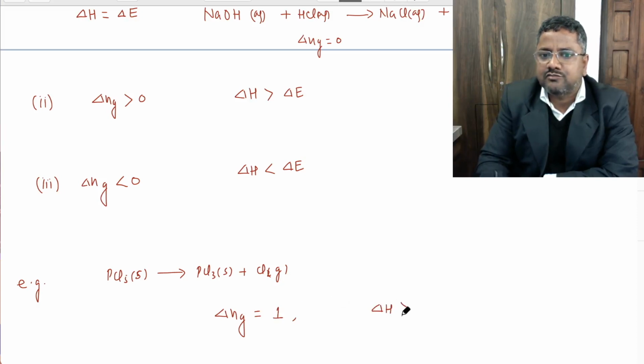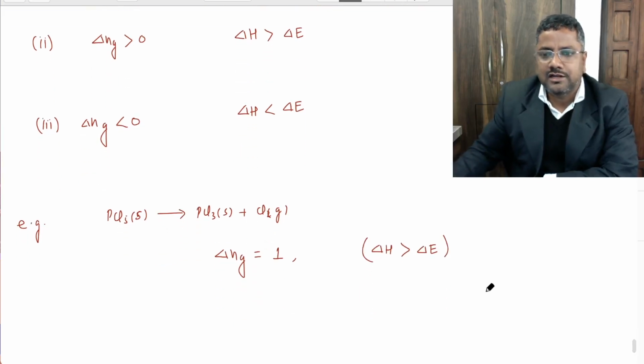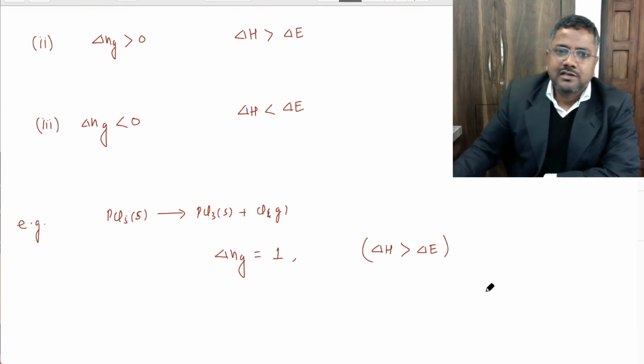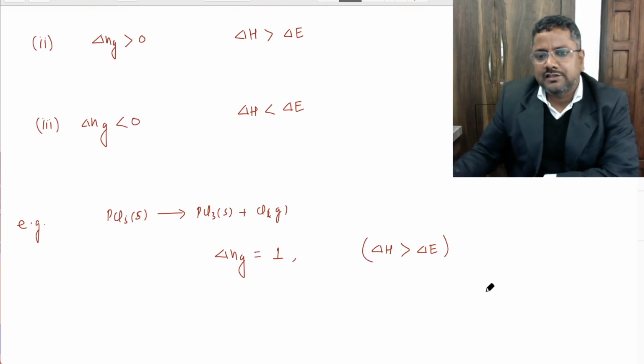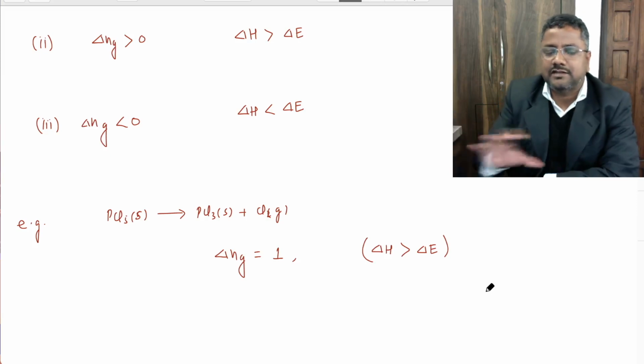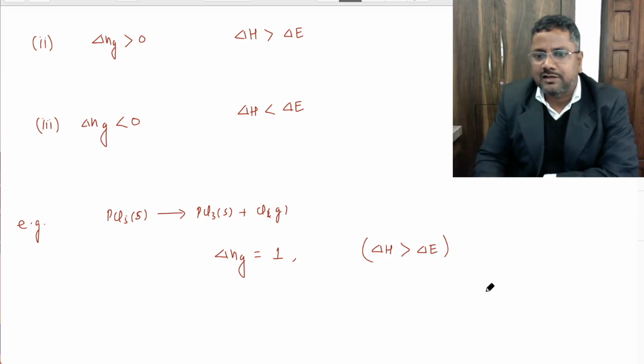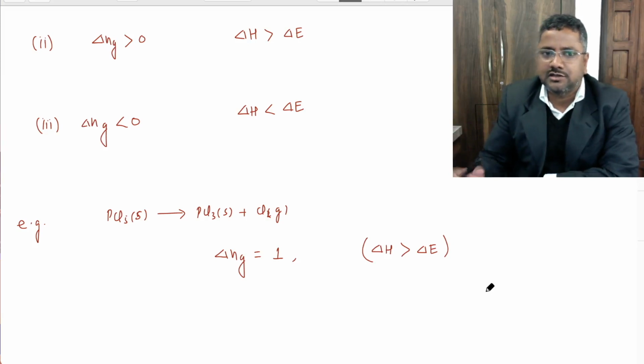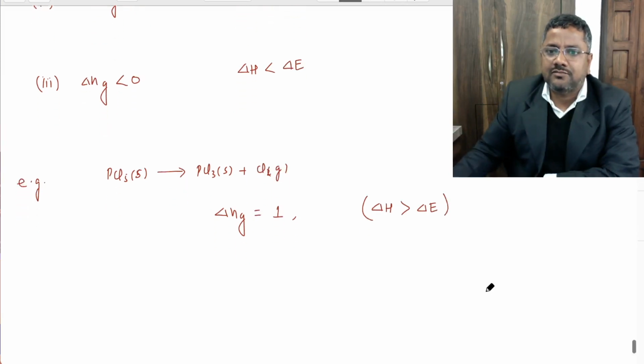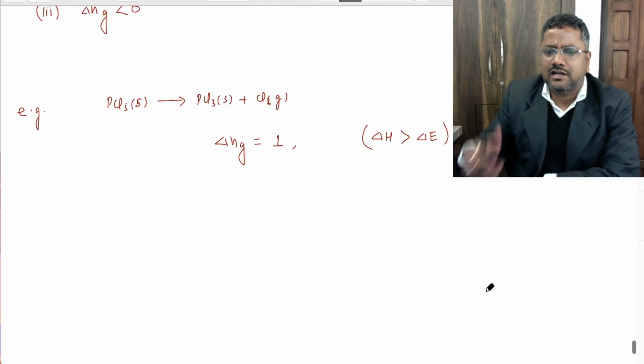Delta H is more than delta E, right? This type of question you may get, and you have to write the balanced chemical equation and then calculate the difference of delta H and delta E, or use the equation.